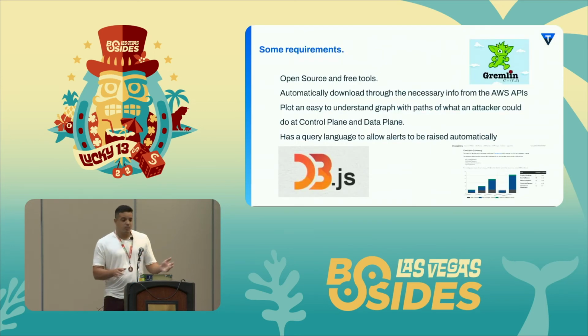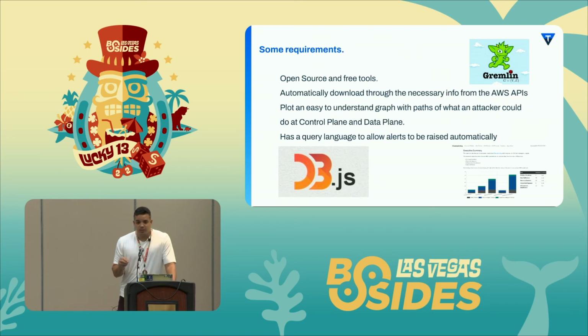So we had some requirements. We should use open source and free tools. We should automatically download, through the AWS APIs, all the necessary info to plot the graph, from both the control plane and data plane, and it also has to have a query language to allow raising alerts automatically. So we decided to use Gremlin as the graph database query language, and for this we are using Apache TinkerPop behind it.